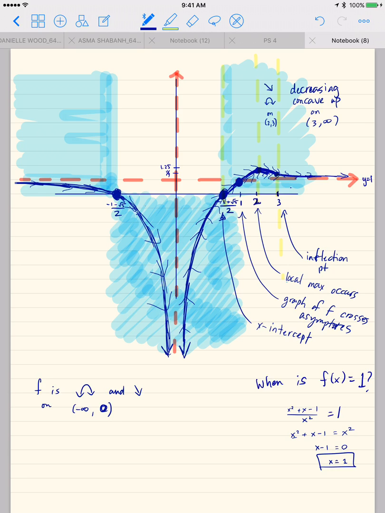From 0 to 2, the function is increasing and concave down. The function is decreasing and concave down back here, on negative infinity to 0.